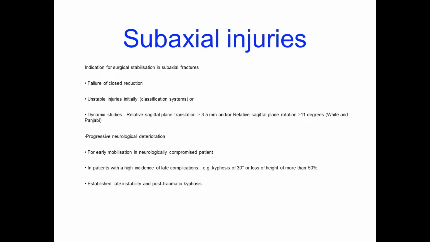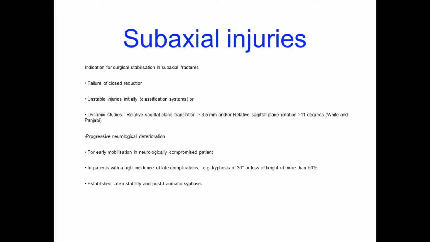So if we look at subaxial injuries, I'm going to try to get through some of their classifications. Our current common indications for surgery for our subaxial injuries include, obviously, failure of closed reductions and initially unstable fractures. That's where our classification comes in, if you like, to find out which patients are initially unstable.